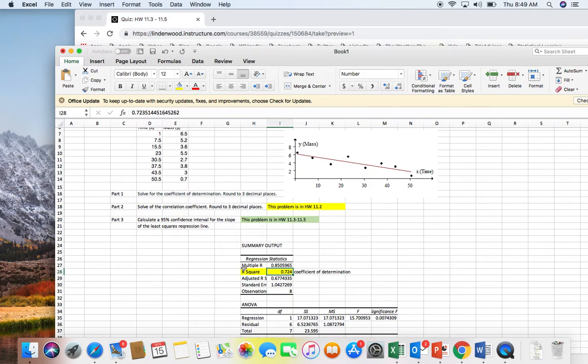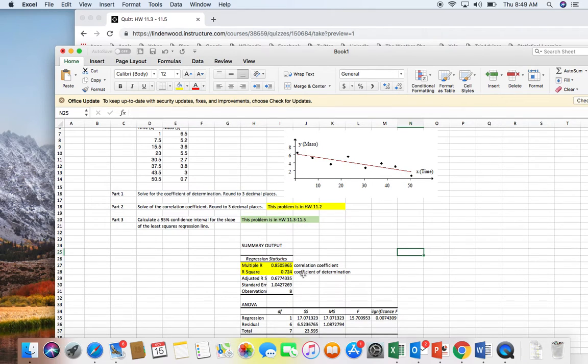For part two, which happens to be a question in homework 11.2, that is multiple R, and this is the correlation coefficient, and that gives us an indication of the degree of linearity between X and Y. In both of these, multiple R, the correlation coefficient, and R squared, the coefficient of determination, the closer these numbers are to 1 means the tighter the linear relationship is between time and mass.